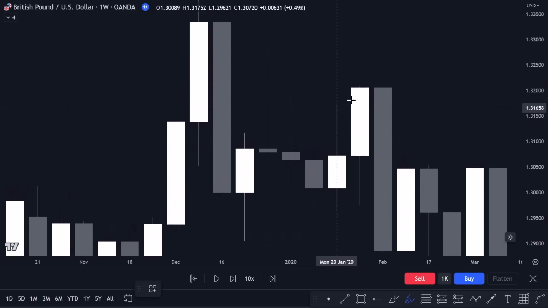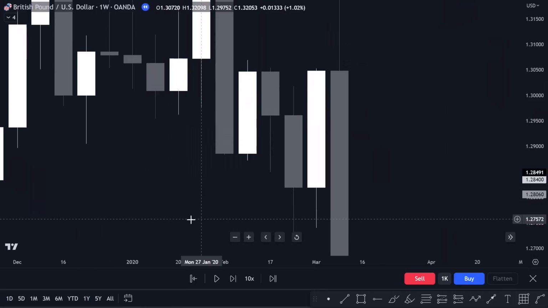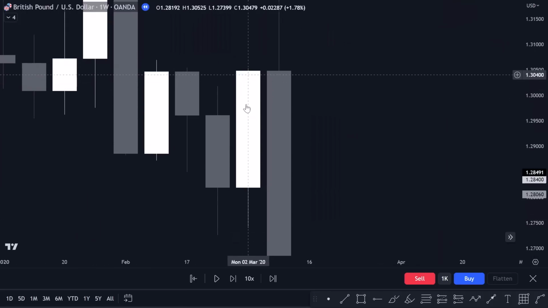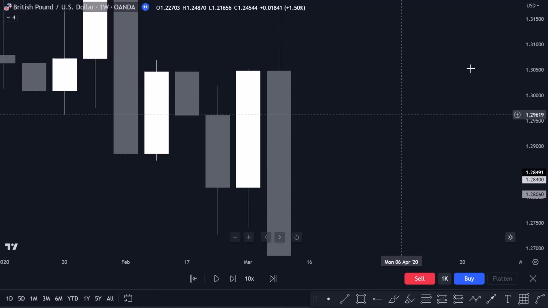You want the body of the candle to be close to the high of the candle, just like this candle right here, another candle is this one, and another example is this candle right here. You don't want that retracement to be already happening. You really want to get in that retracement.